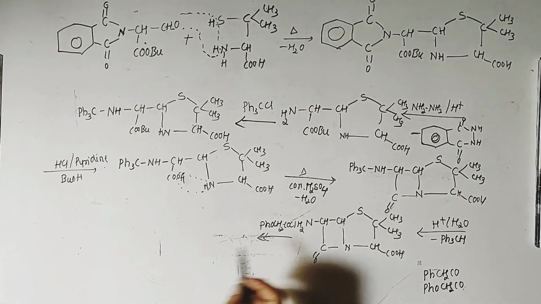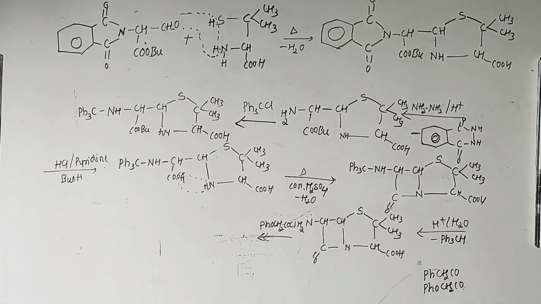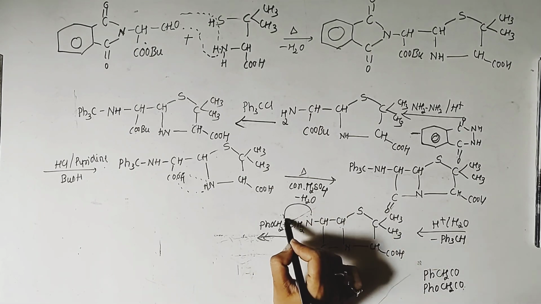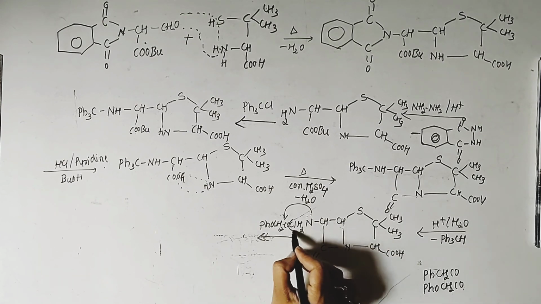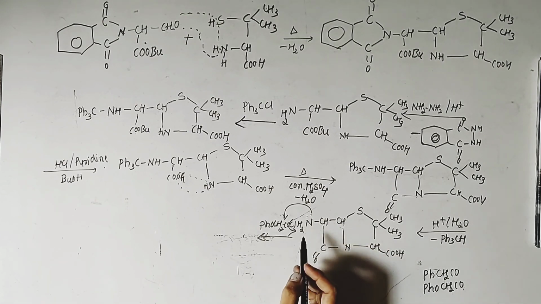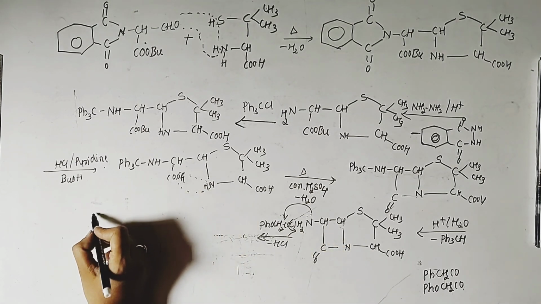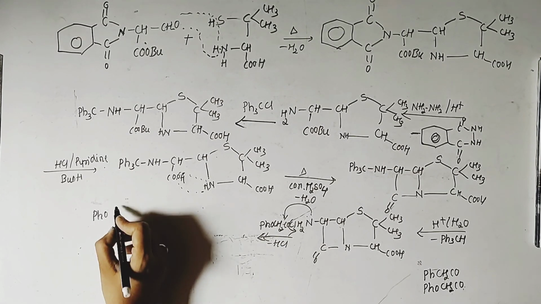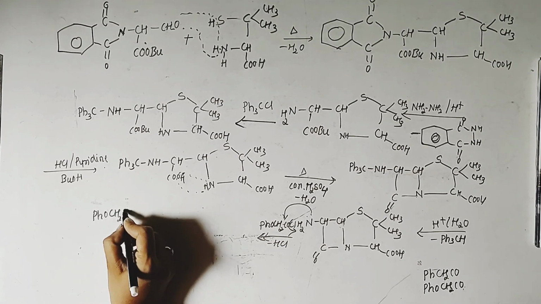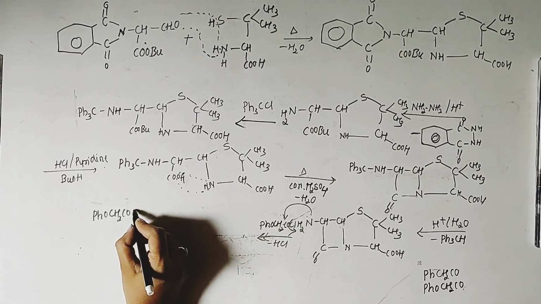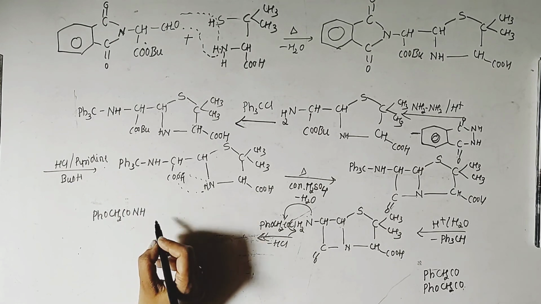So now this nitrogen will bind this carbonyl carbon and it will lead to the elimination of hydrochloric acid. So the final product that we have now, that is PhOCH2CO, and that binds with NH.